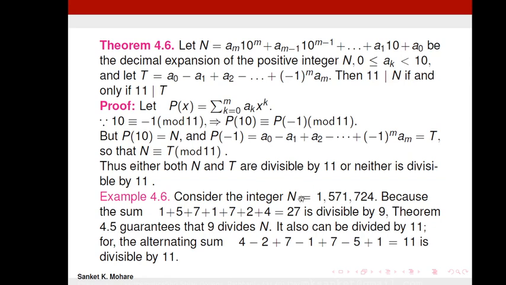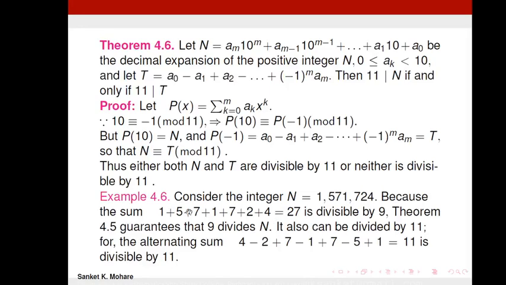Here, comparing to this sum, a_0 is 4, a_1 is 2, a_2 is 7, and so on, and the last one is a_6, which is 1. If we add these digits, 1 + 5 + 7 + 1 + 7 + 2 + 4, the sum is 27, and as 27 is divisible by 9, by theorem 4.5, 9 divides n.